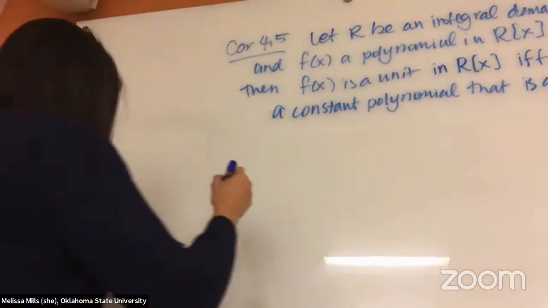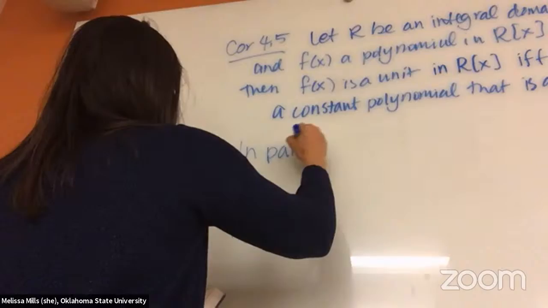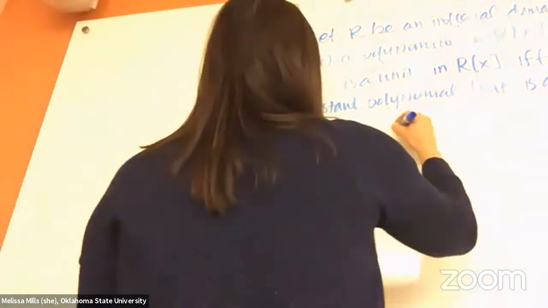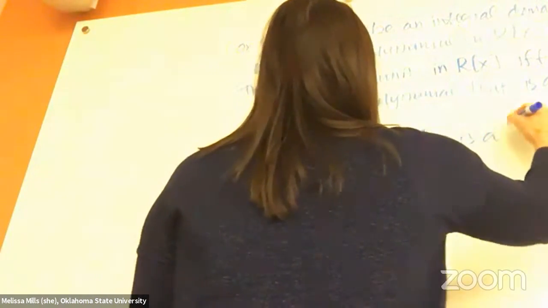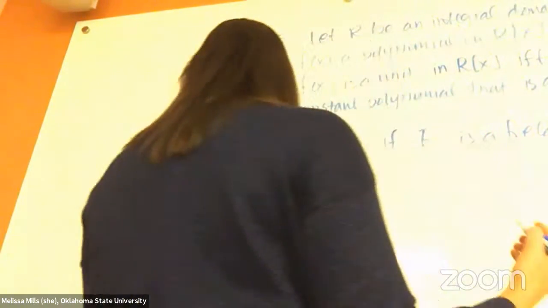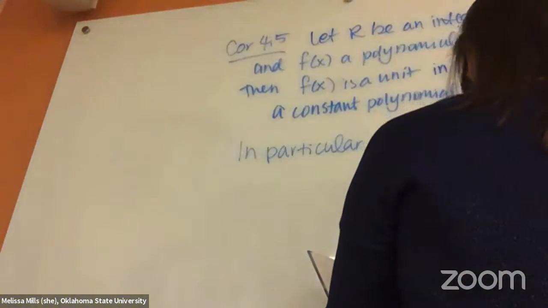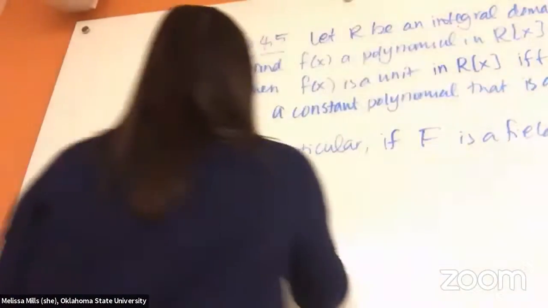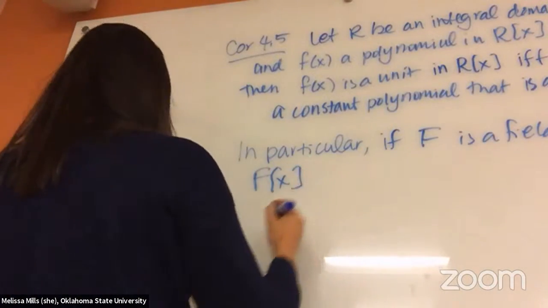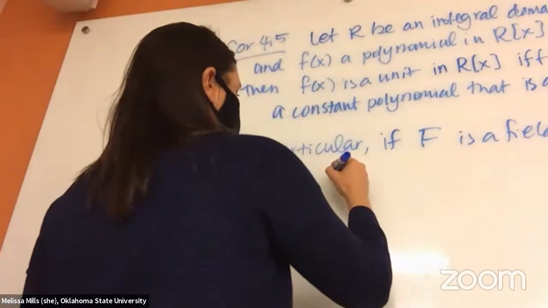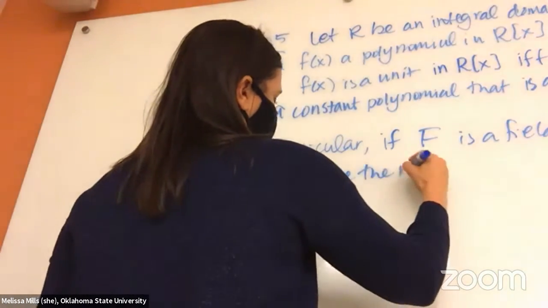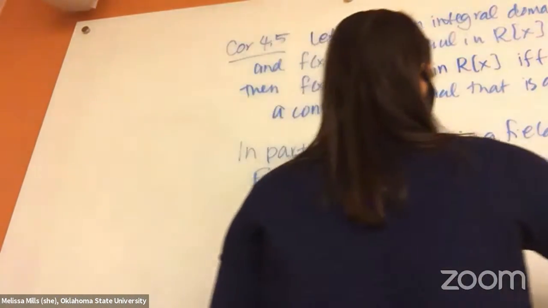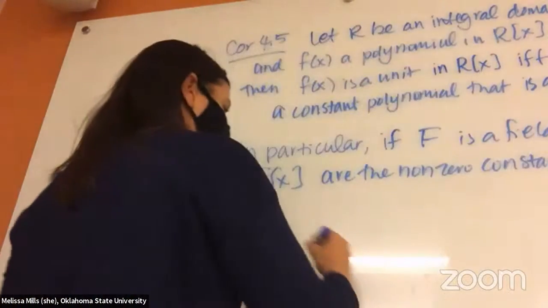In particular, if F is a field, the units in F adjoin x are the non-zero constants in F. So I'll do a couple of examples.